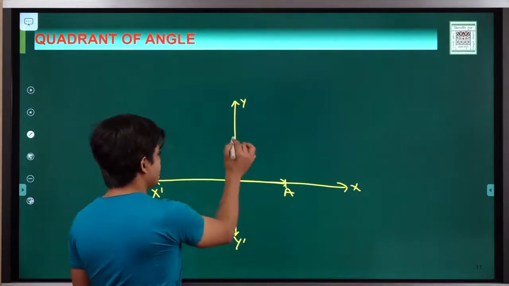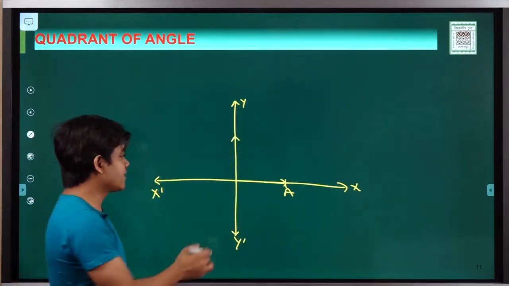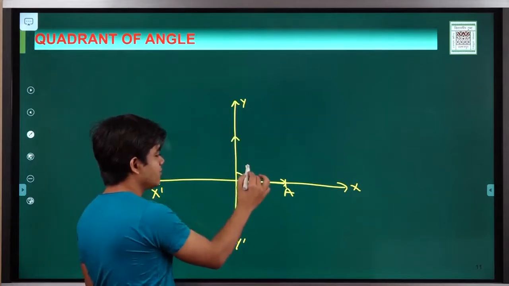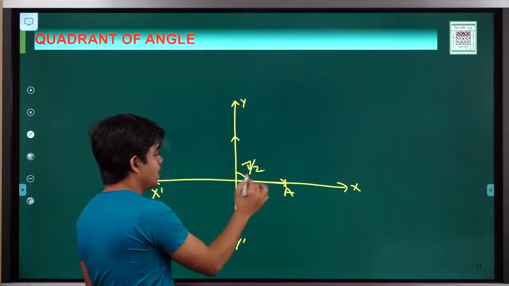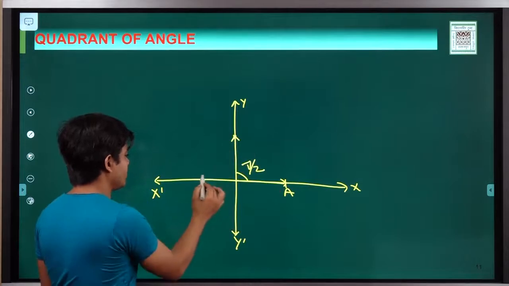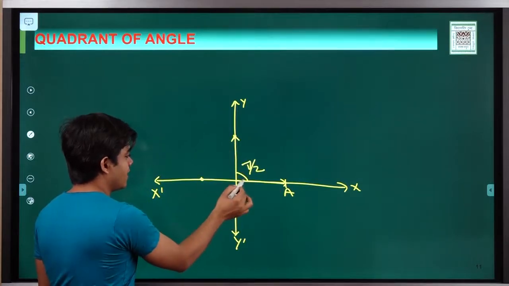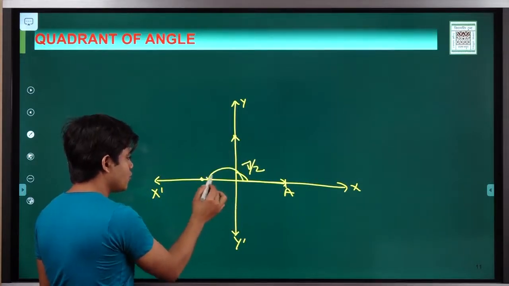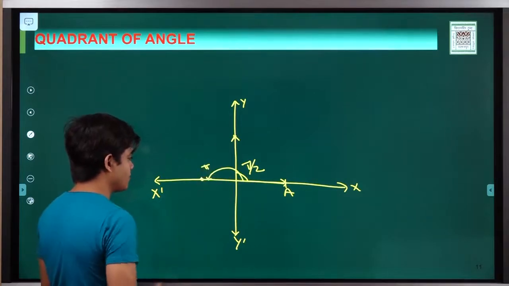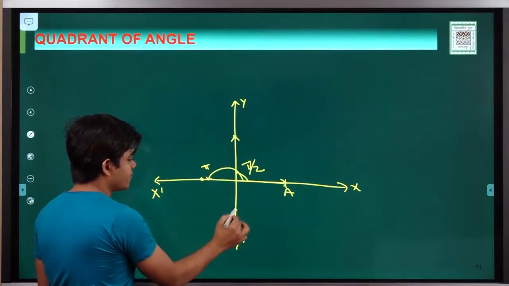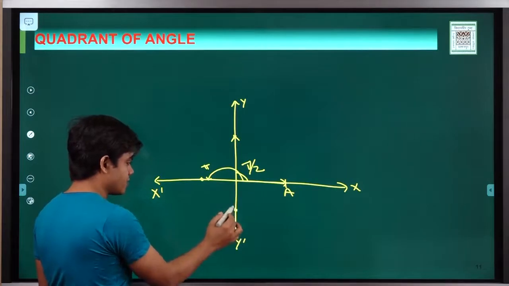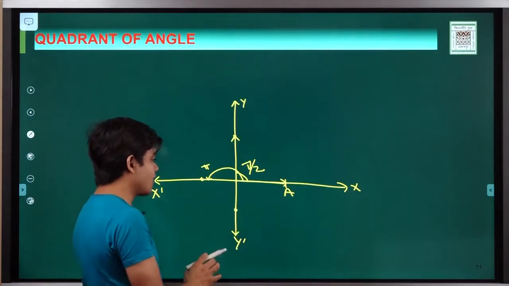If this point reaches the y-axis, then the quadrantal angle will be what? And if this point A reaches this point, then certainly your quadrantal angle will become pi.